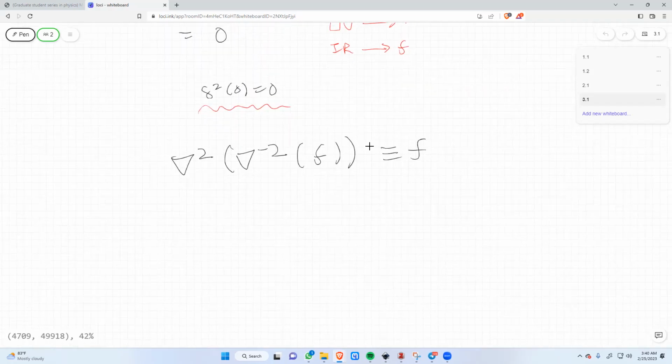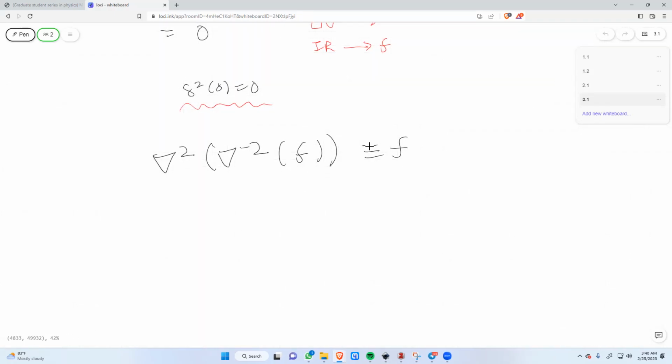Let me actually try to calculate the inverse Laplacian of delta squared at 0.